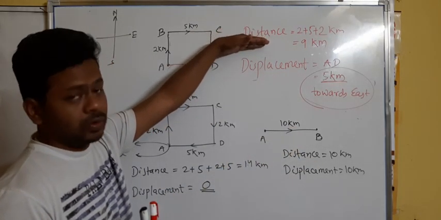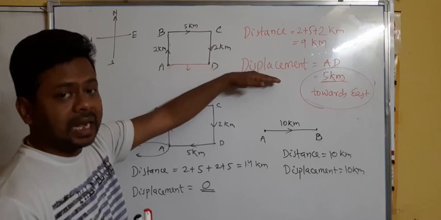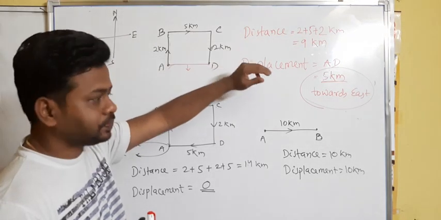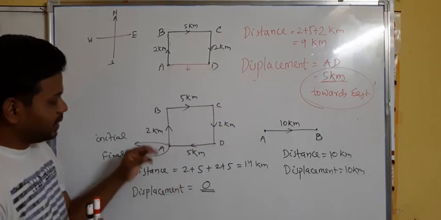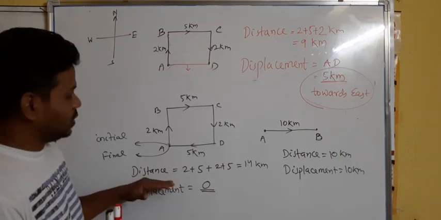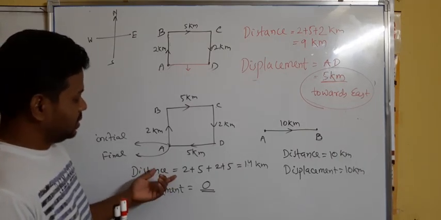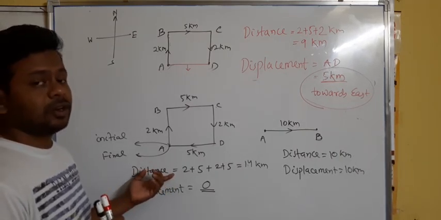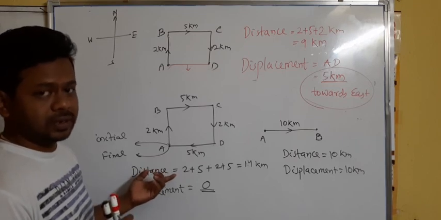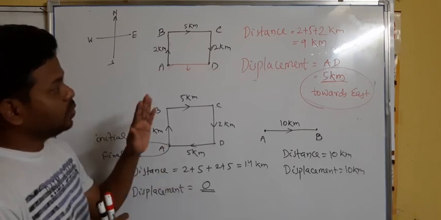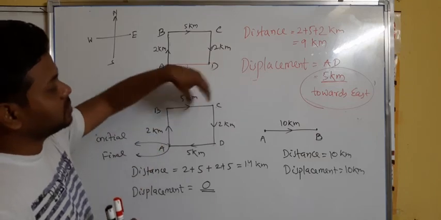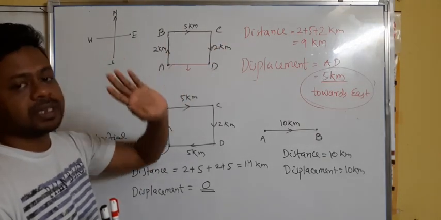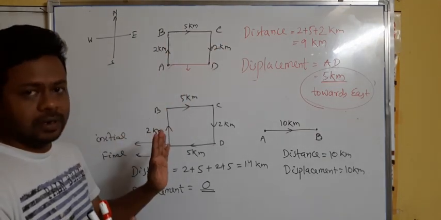Distance may be more, displacement may be less. Displacement becomes 0 and distance will not be 0. Distance cannot be 0 for a moving object, but there will be no case where displacement becomes more and distance becomes less. It is not possible.